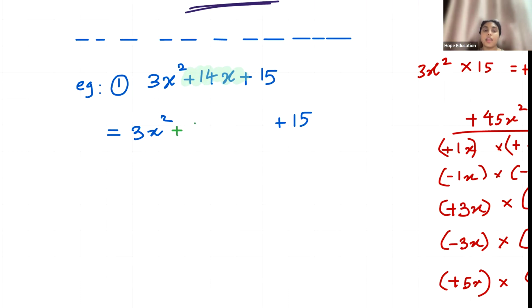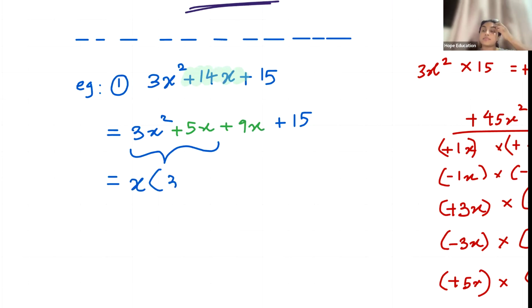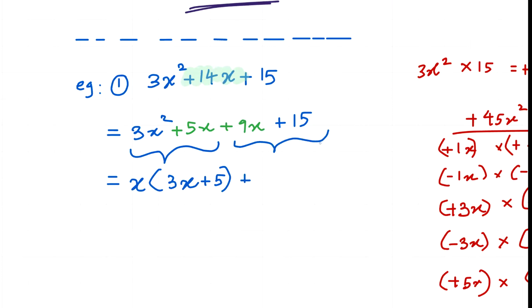Okay. Now, if you look at 3x squared plus 5x, what is common here? x is common. Yes, x is common. So I take x out. From 3x squared, when I take x out, I get 3x remaining. From 5x, when I take x out, I have 5 remaining. Plus, from 9x plus 15, what is common here? 3.